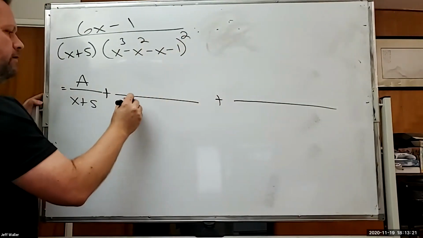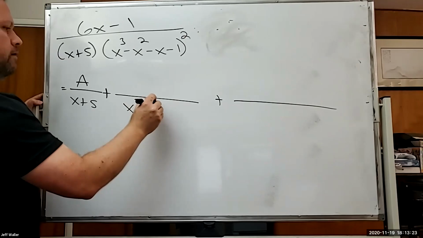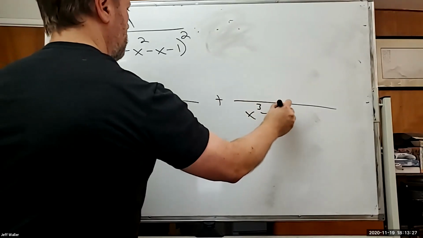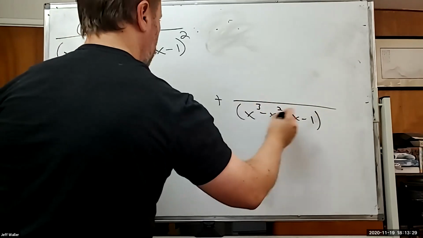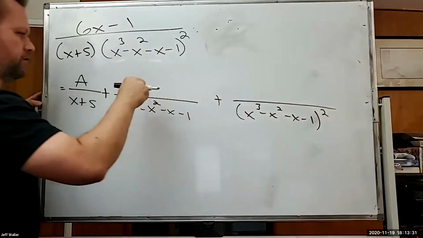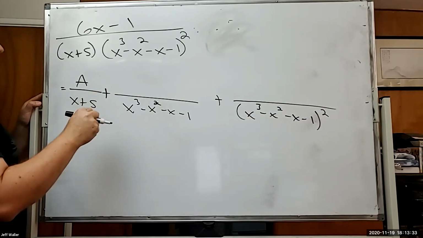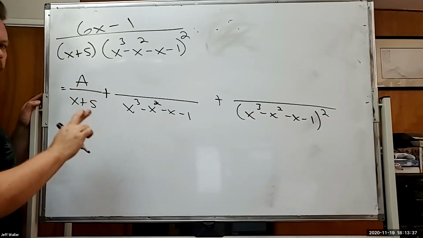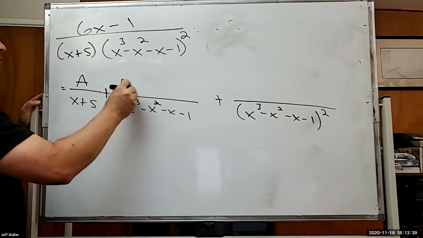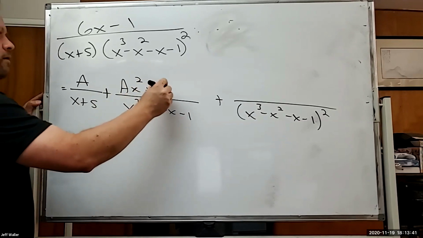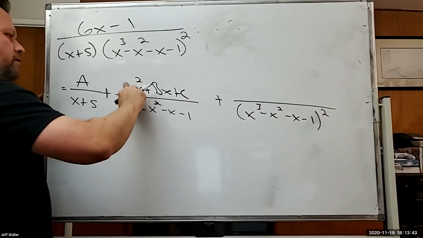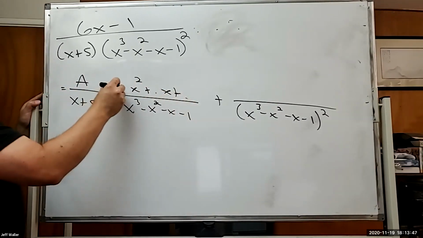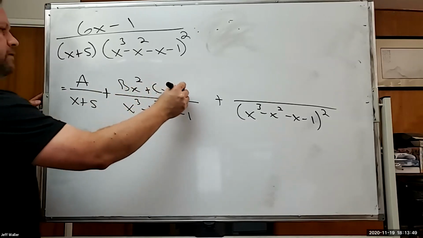So I need this guy, and then I need this guy squared. And then what goes on top of this? cx plus d. Oh, I'm sorry. Don't reuse letters. My bad. We got a already. So this would be bx squared plus cx plus d.